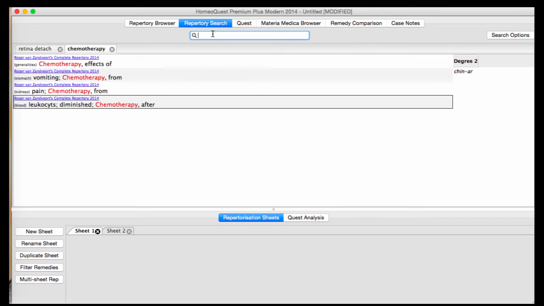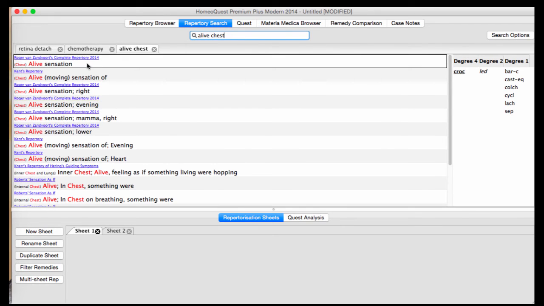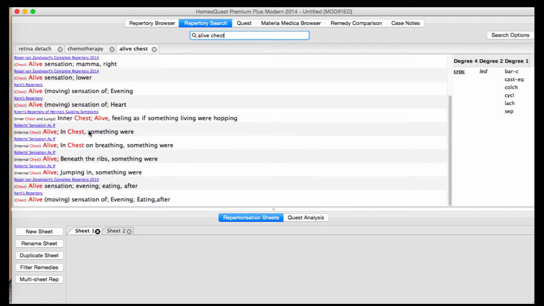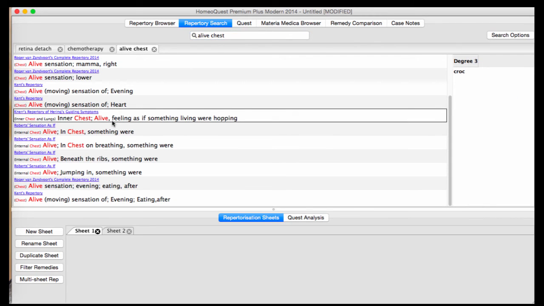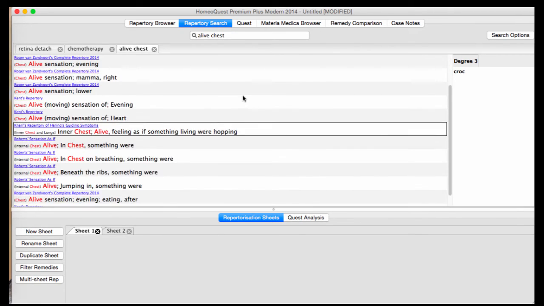It was a sensation of something alive in the chest, right? I put in alive sensation, and you get lots of different things, but it was in Nair's repertory, which had something alive, as if something was hopping in the chest. So this was the aspect which I did not find in any other big repertories.